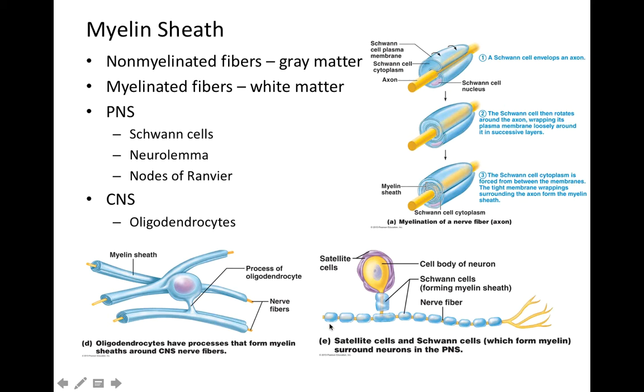Here, we have multiple Schwann cells forming the myelin sheath for one neuron. Here, we have one oligodendrocyte forming the myelin sheath for many neurons. That's a big difference in why we can regenerate out here in the periphery, but we cannot in the central nervous system.